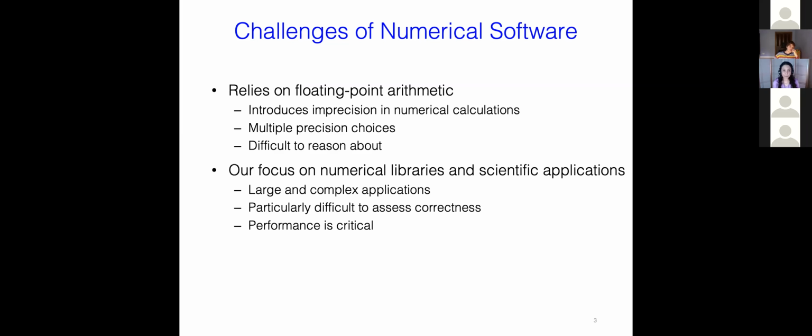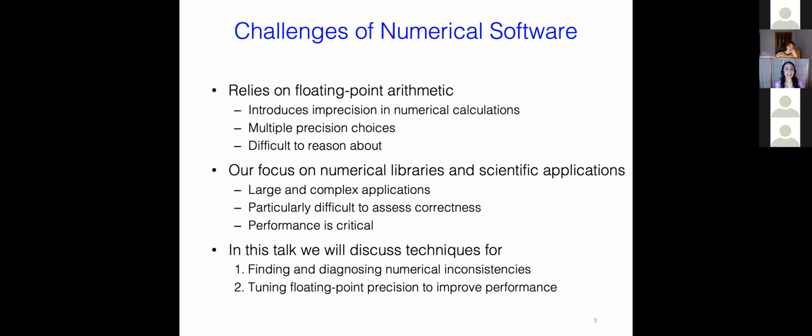So my main focus is on numerical libraries and scientific applications, although some of the work I will describe today could be applied to other application domains. And in this context, scientific applications are often characterized for being large and complex applications whose results are difficult to interpret and for which performance is often critical.